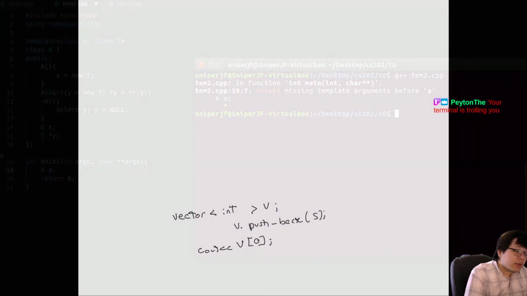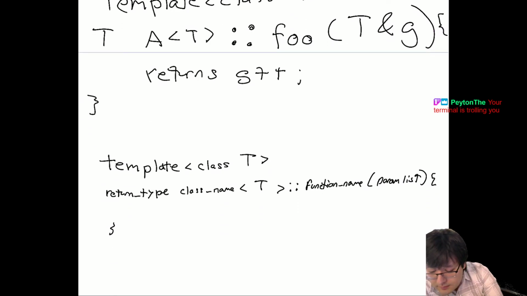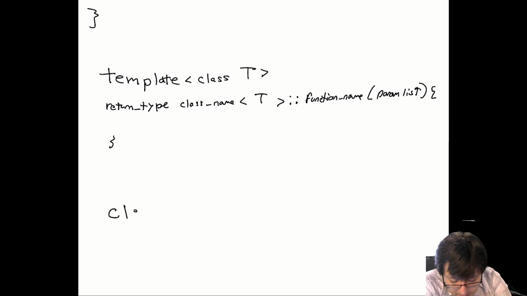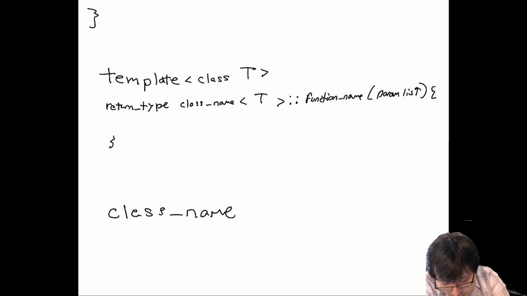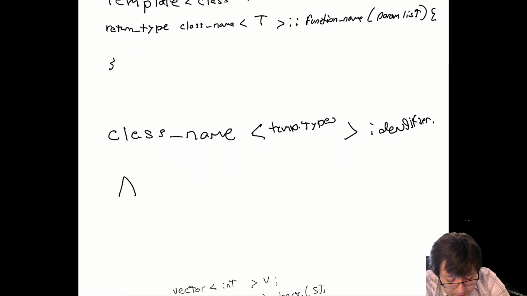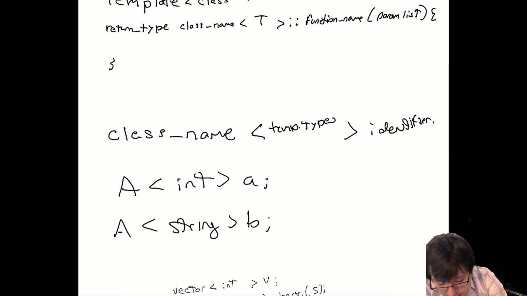So what do we need to do for that? Well, when you want to make an object of a class, you need to put in the class name, less than sign, greater than sign, the template types, and then the identifier. So in the example of our class A, we'd have to do something like A<int> a, or A<string> b, and so on.